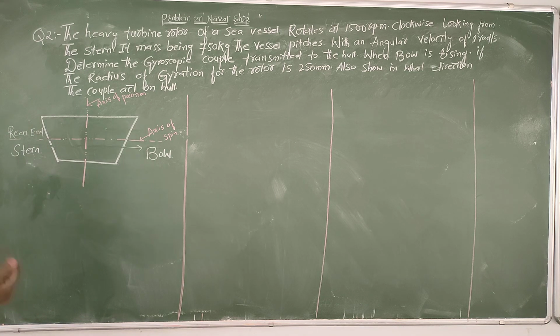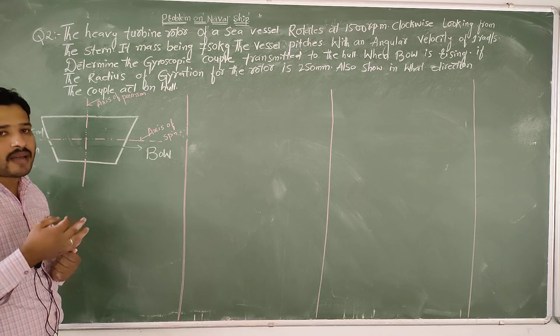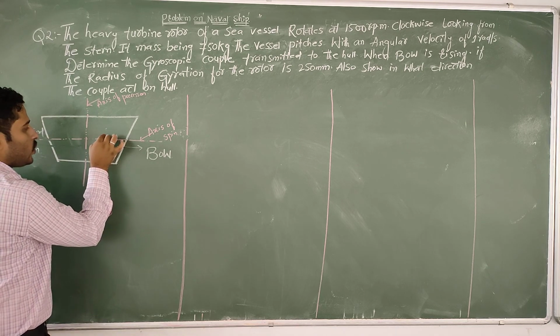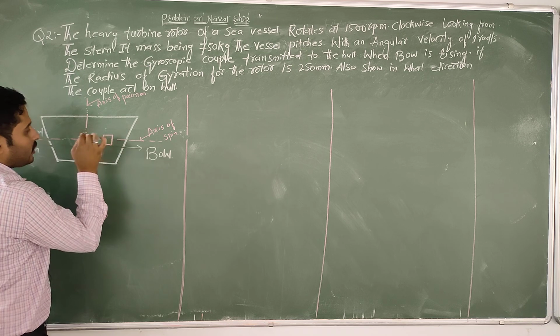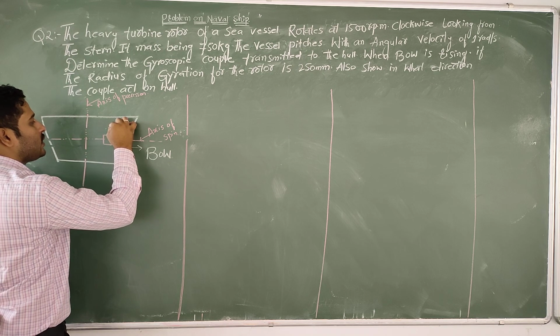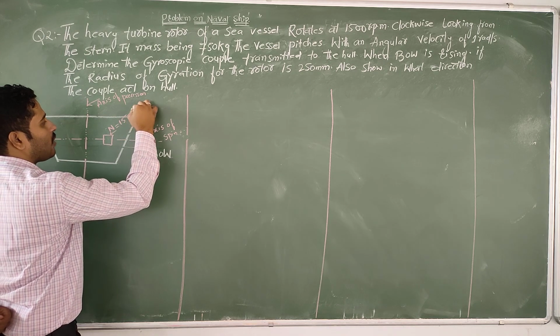The heavy turbine rotor of a sea vessel rotates at 1500 rpm. The speed of rotation of the rotor is N equal to 1500 rpm.